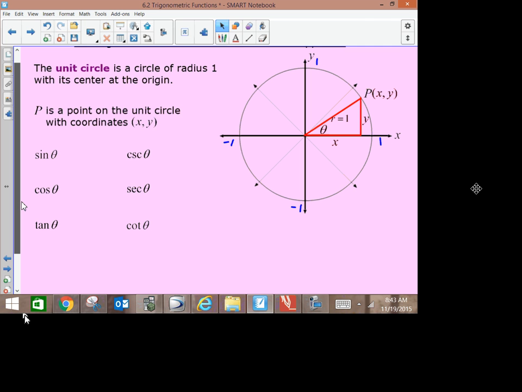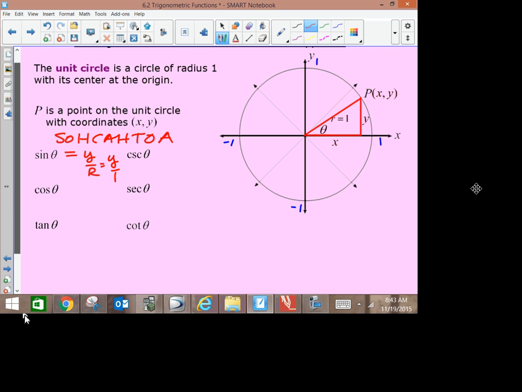Okay, so what is sine? Remember this old friend, SOH CAH TOA? Sine is opposite over hypotenuse. So what would the sine of theta be in terms of y, x, or r? Y over r, very good.